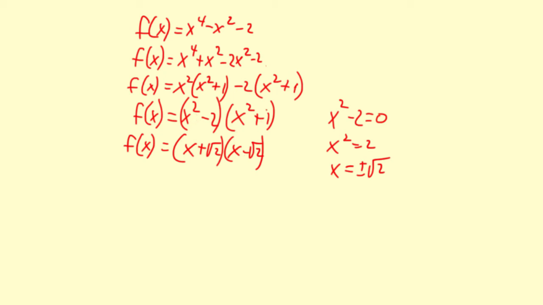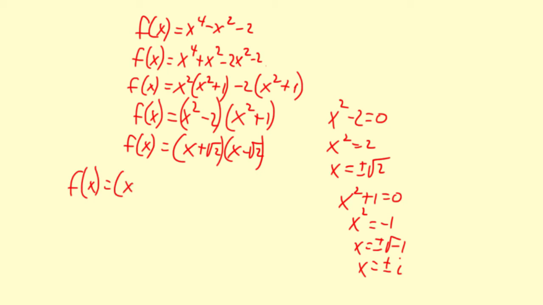And now let's look at the x squared plus 1. So subtract 1, x squared equals -1. Square root, x equals plus or minus the square root of -1, or x equals plus or minus i. So then my factors for that one, geez, I should have made more room here.